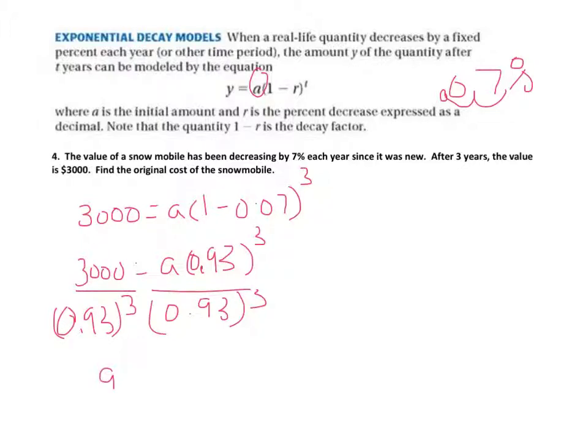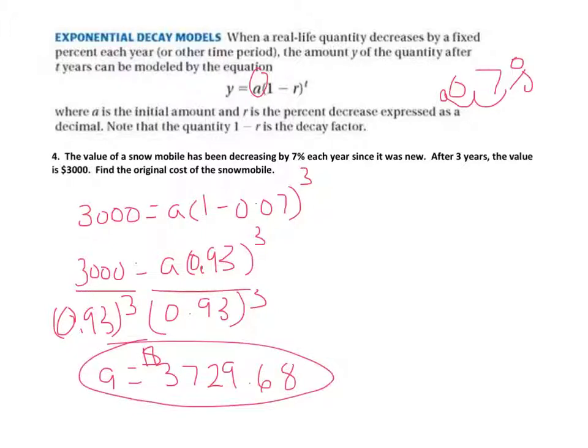So you would get a equals $3,729.68. So that's what you paid originally. When you try to sell it 3 years later, you've lost $729.68. So that's, if it's a growth factor, you add the rate. If it's a decay factor, you subtract the rate.